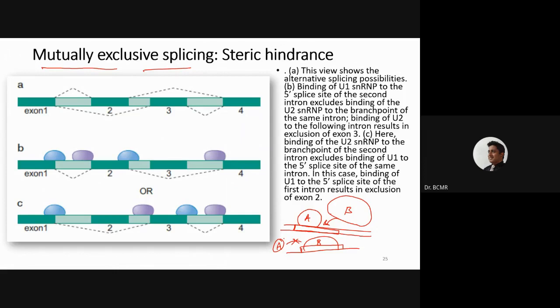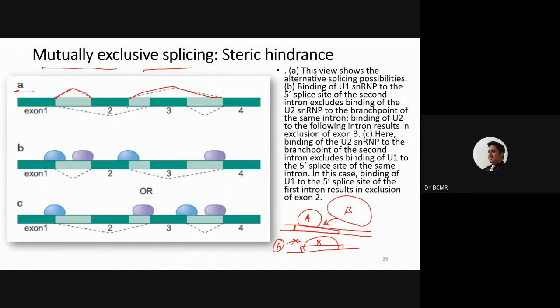And it is also mutually exclusive splicing. That means if you see here, in A, exon 1 and exon 2 splicing can occur, and splicing can also occur between 2 and 4. We will see what is the consequence of it.